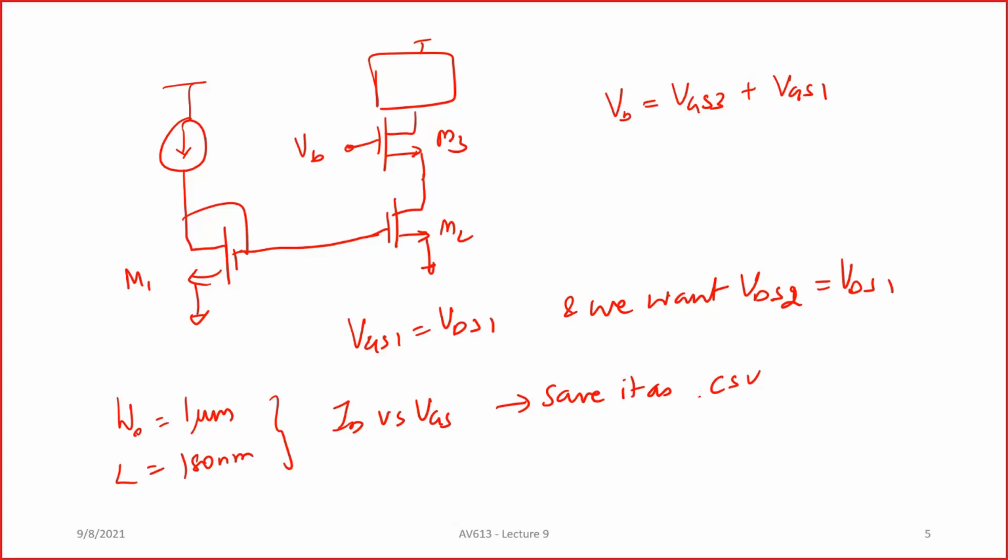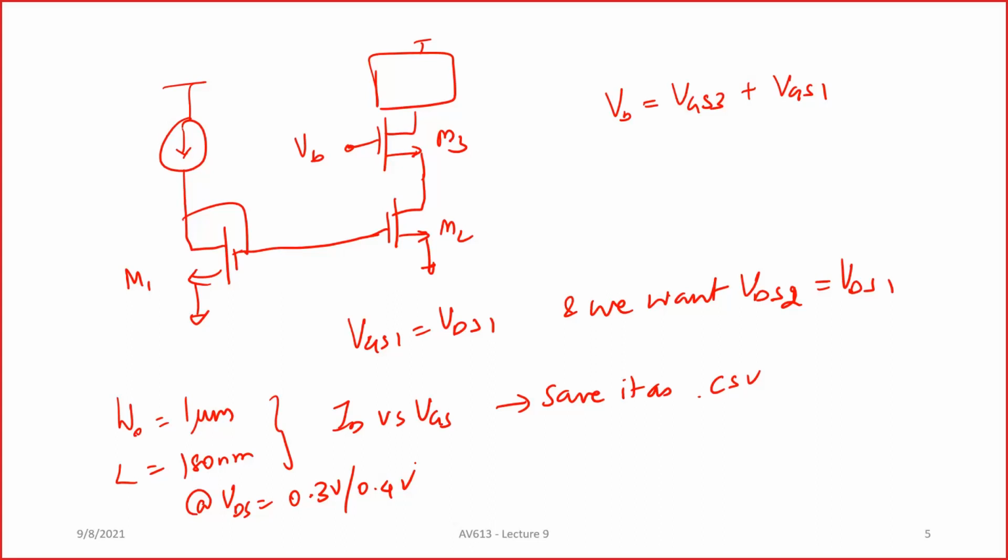I would typically ask you to run this at a VDS of around 0.3 volt or 0.4 volt, because mostly when you start designing your op amps, this is the VDS that you will budget for your different transistors. Run it at this one and save it.